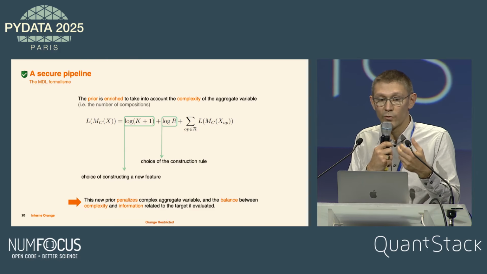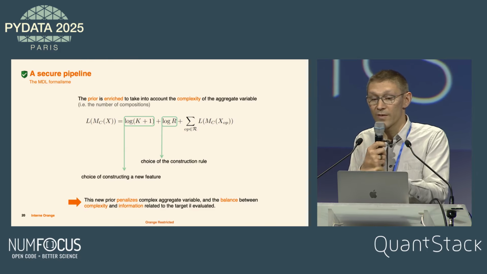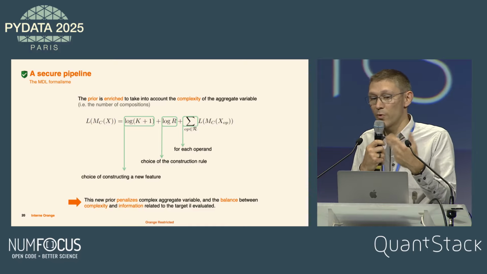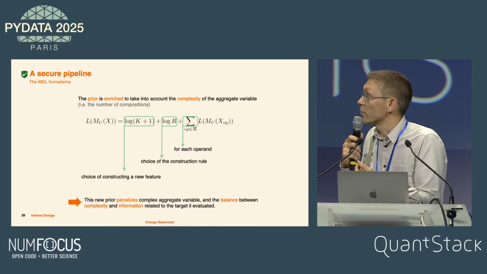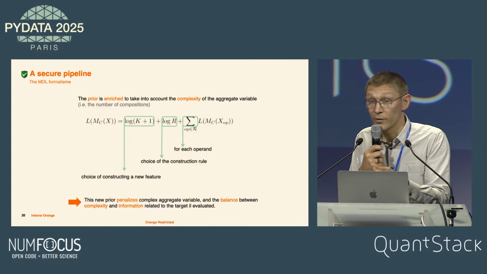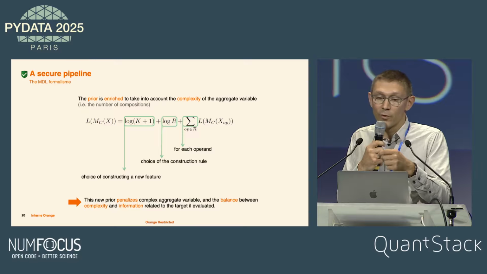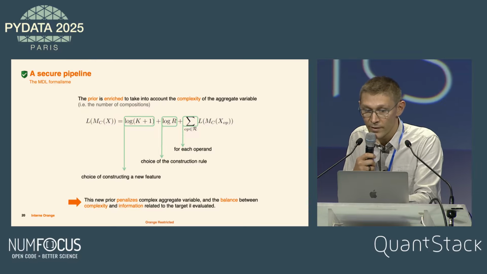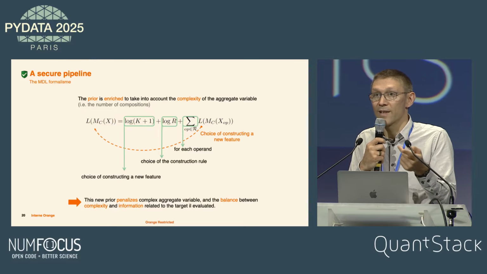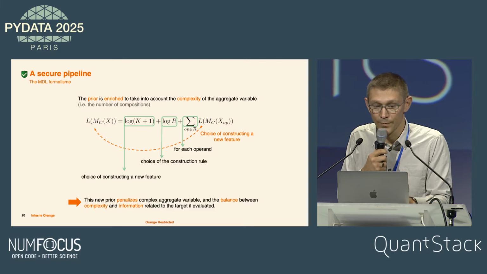After that, you have to choose the first function to be composed, and there is a loop over the operands of this first function. And after that, each operand can be the result of a composition of functions. That's the reason why this term is defined recursively.